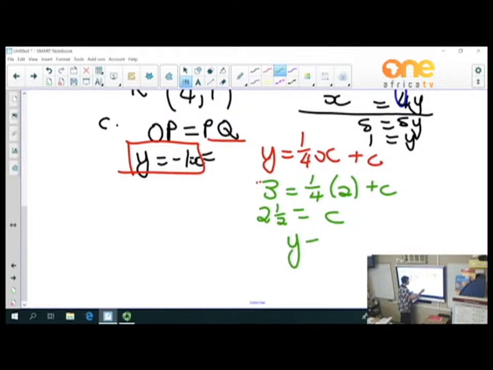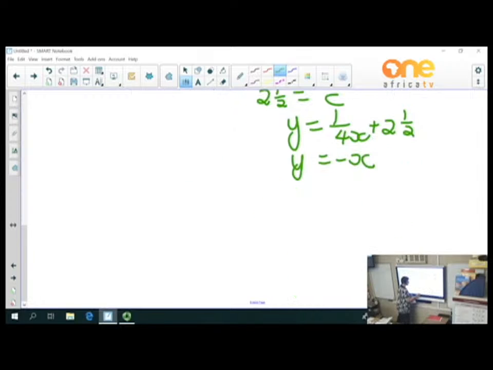So y is equal to 1/4 x plus 2.5. And now I should equate it to y is equal to negative x, solving simultaneously. Those are the two that we should solve simultaneously now.